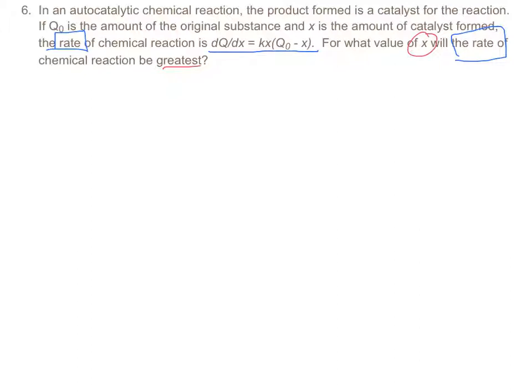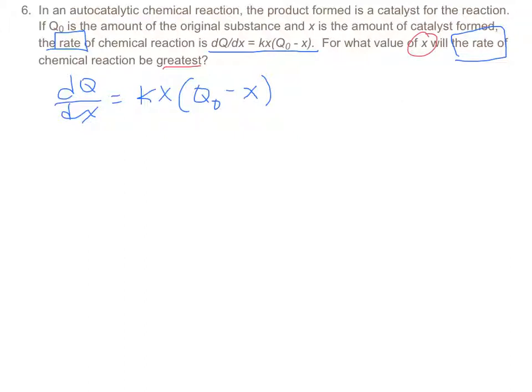So we're just going to go ahead and write out this derivative. dQ/dx equals kx times (Q sub 0 minus x). And we want to maximize using the value of x. Because we're treating everything else as constants, we don't need a secondary equation.